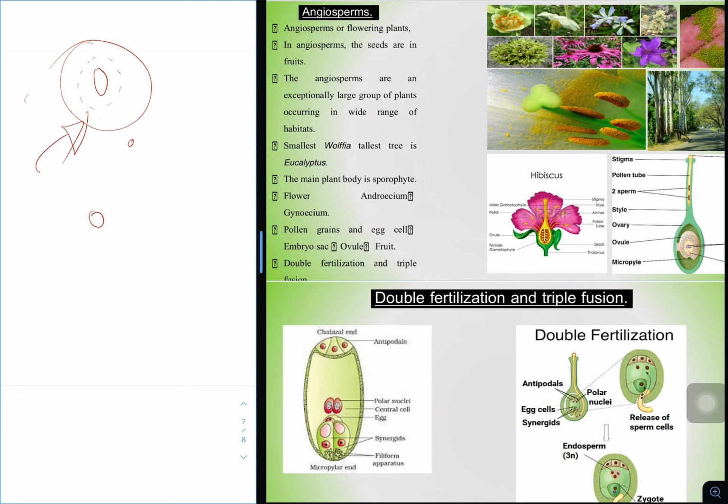For human beings, from womb to tomb. Womb means when we are in our mother's womb, the mother consumes all the different types of food so that the baby will grow. All the different types of food the mother consumes come from angiosperms.